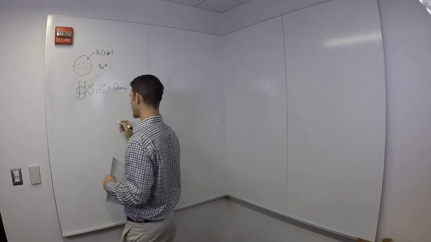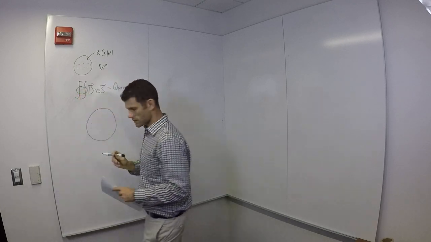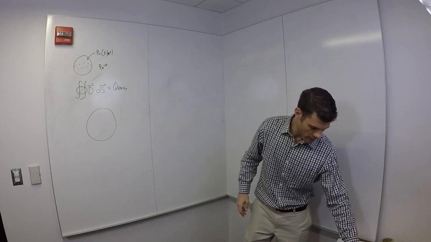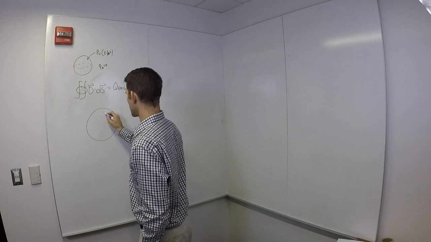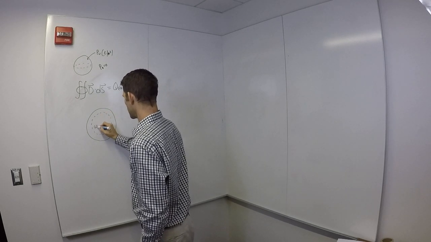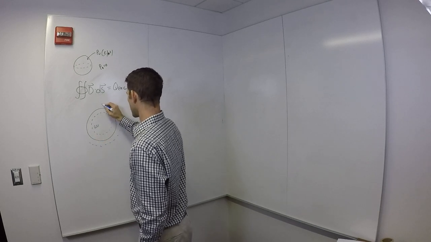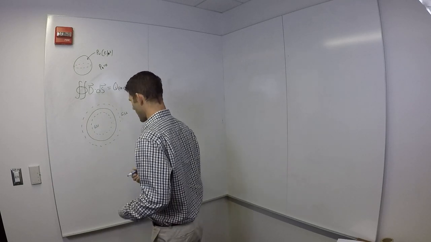If we take a cross section of this, here's the sphere. We need two different Gaussian surfaces because we have two different charge densities. Inside here will be our first one, we'll call that GS1, and outside here we're going to have our second one, GS2.